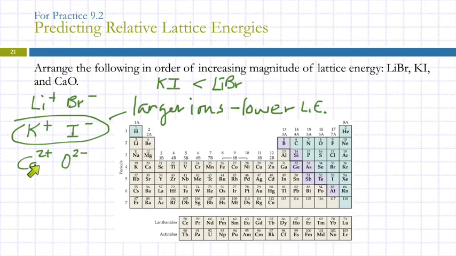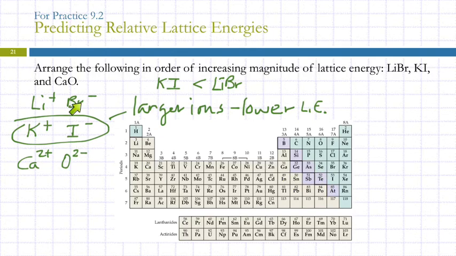So I want to compare this to the higher one here. So we also have to think about sizes, right? So calcium and lithium. So here's calcium and there's lithium. Calcium's bigger. And then I've got oxygen and I've got bromine, and bromine's bigger.